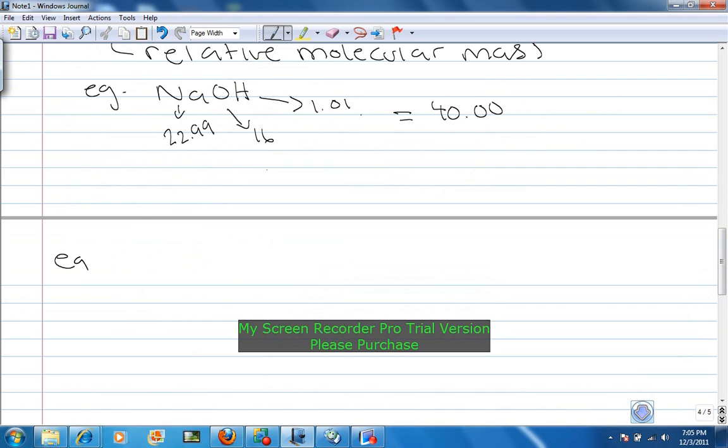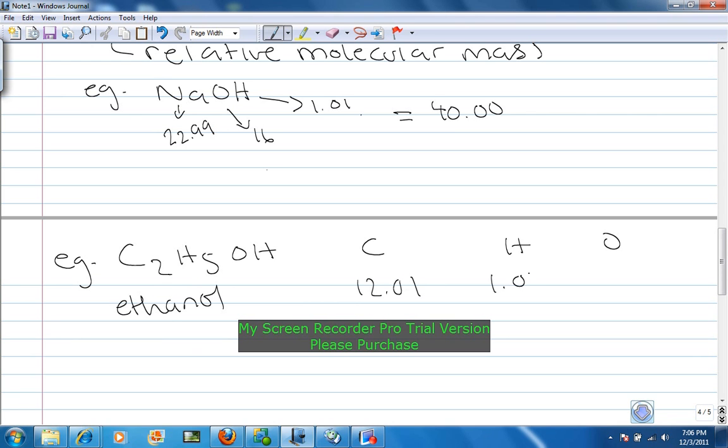Let's give another example really quickly, because you might get confused here. If you have, for example, this, you make a little chart, so C, H, and O, these are the elements you have in ethanol. The relative atomic mass of carbon is 12.01, for hydrogen is 1.01, for oxygen is 16.